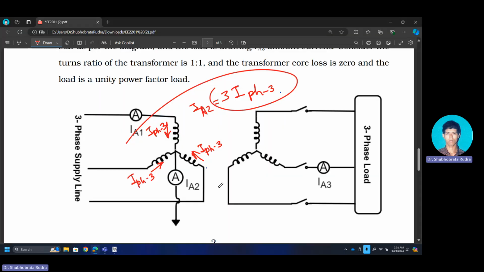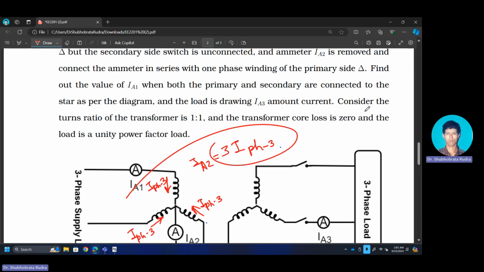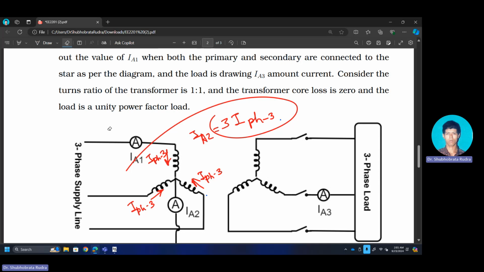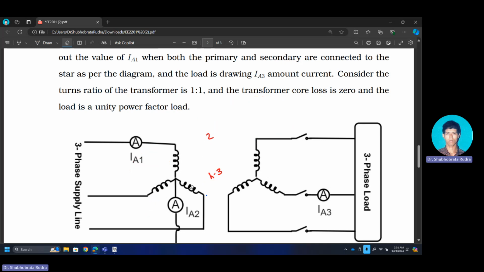Then what do you have? Consider the transformer ratio, with primary and secondary connected to star as per the diagram, and the load is drawing IP amount of current. So again, we have to connect this whole thing in this manner only, and then figure out how much is IA1.